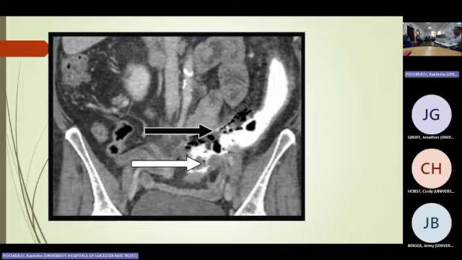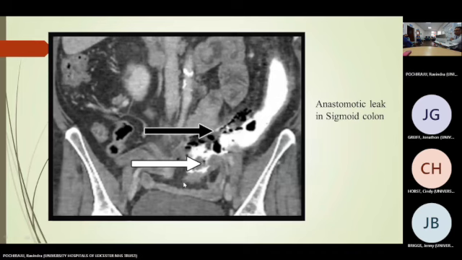And the black one? That's probably just extraluminal because you can see it outside as well. So this is an anastomotic leak in the rectosigmoid colon, concerning where the arrows are pointed.